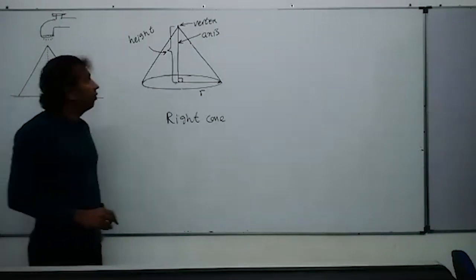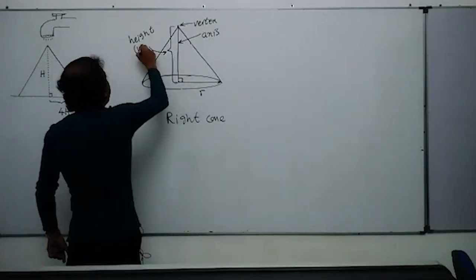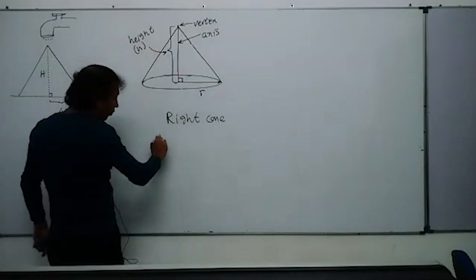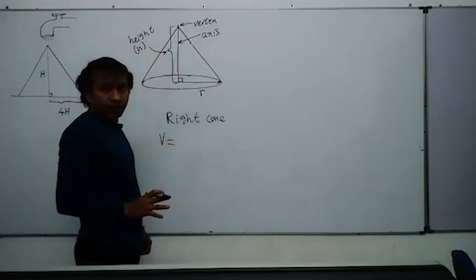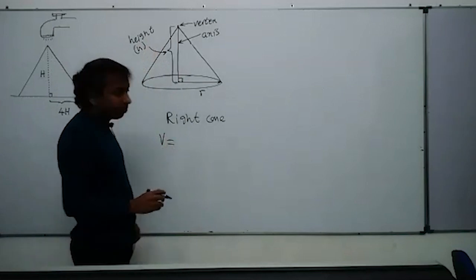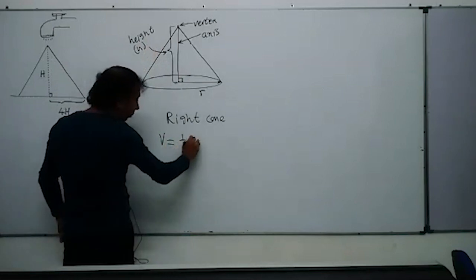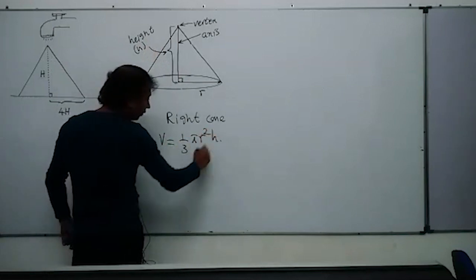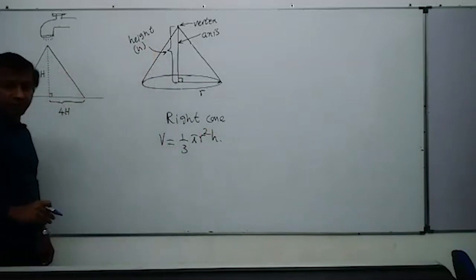People, you know, if we take the height as h here, the volume of this kind of right circular cone is given by 1/3 pi r squared h. This is the formula.